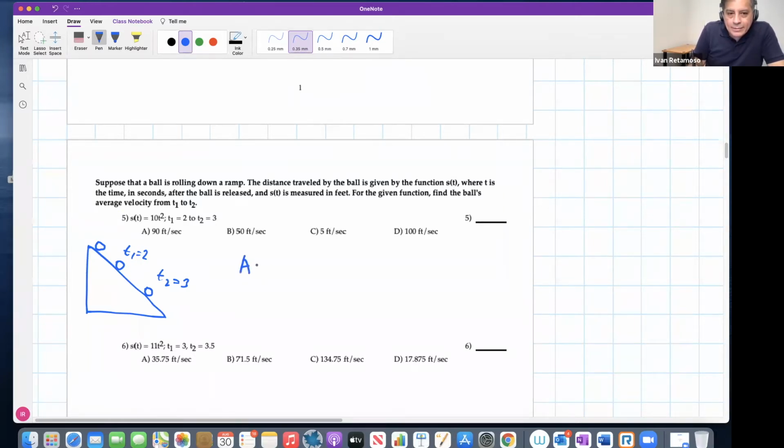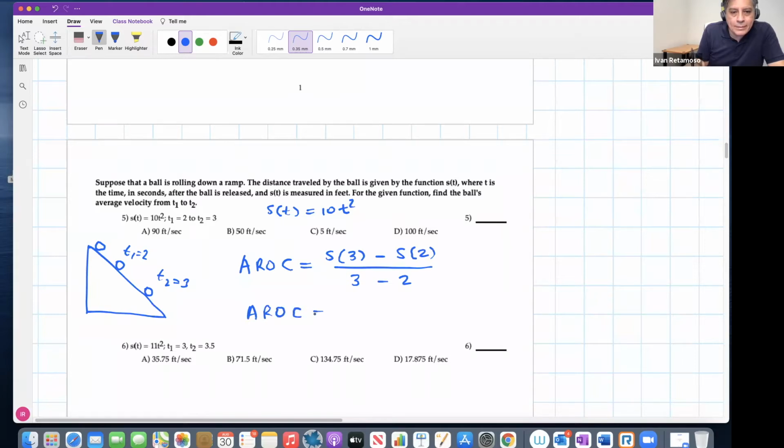Average rate of change for this function, s of t equal 10t squared, should be the function evaluated at the last input value 3 minus the function evaluated at the first input value 2. That's the variation on the output values divided by the variation on the input values.